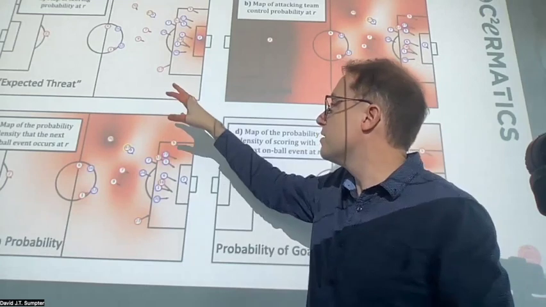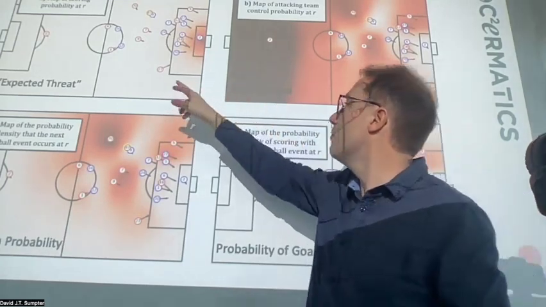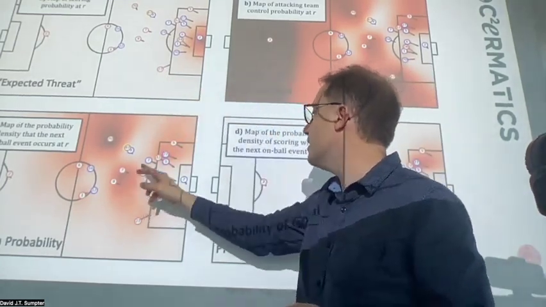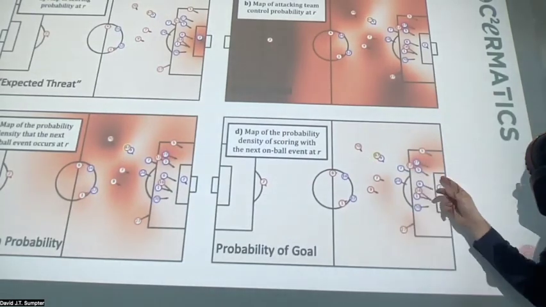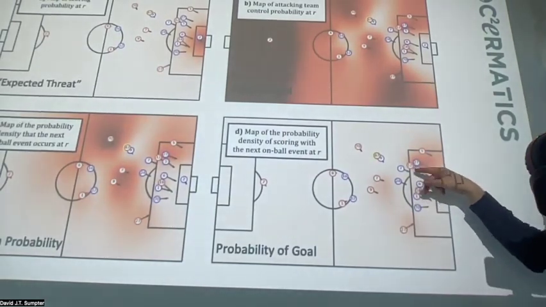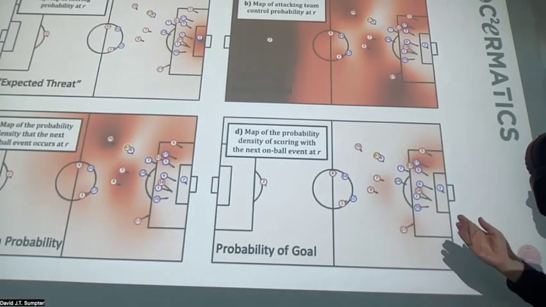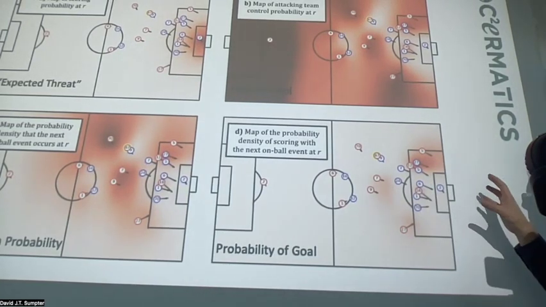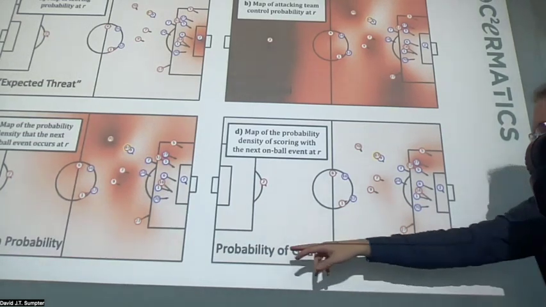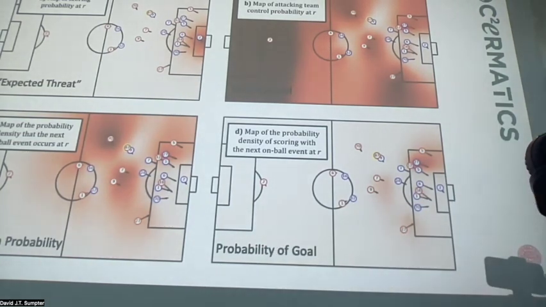And so, in order to look at what will happen next, he multiplies this by this, point-wise, to get a final probability density of scoring from different parts for what's going to happen next. And that gives you the probability of a goal.